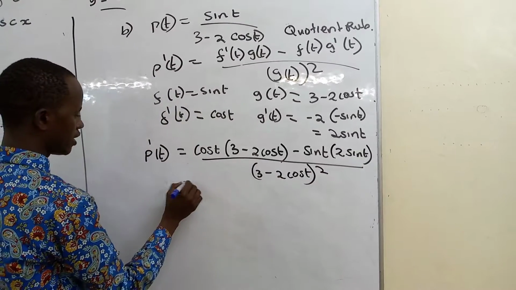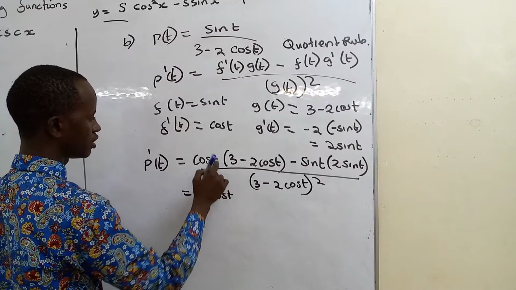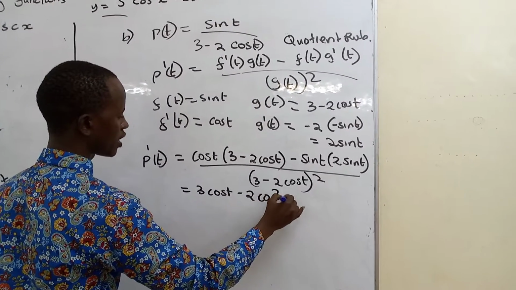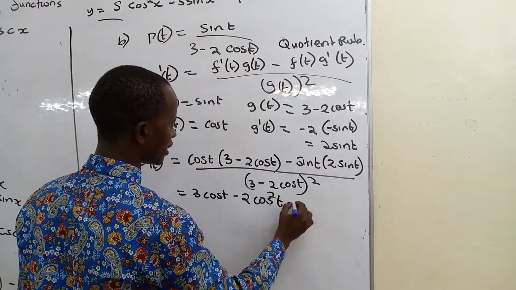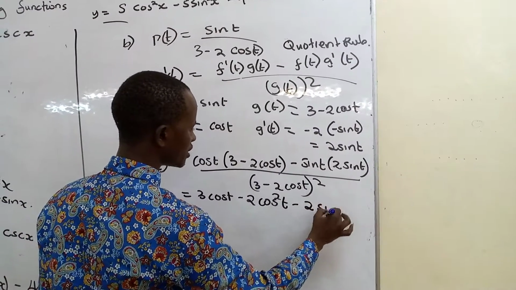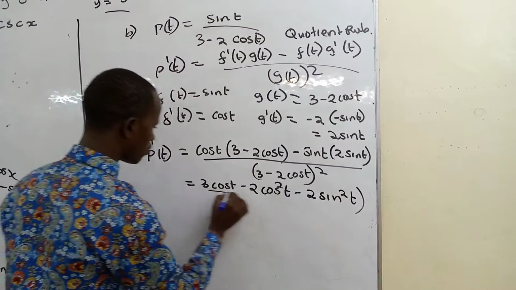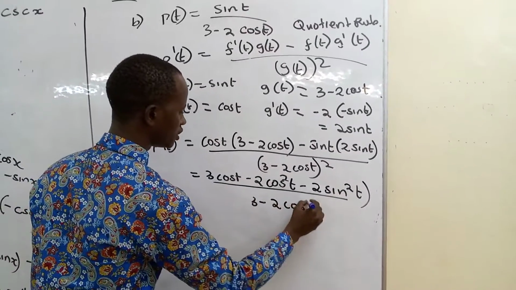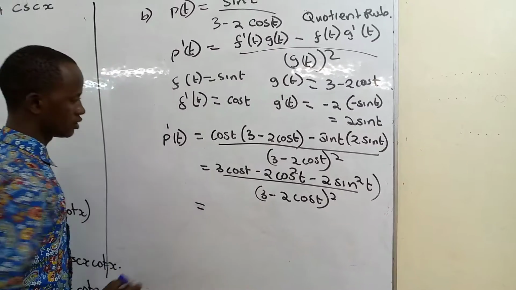From there, you can open the bracket: 3 cosine of t minus 2 cosine squared of t, then minus 2 sine squared of t, over 3 minus 2 cosine of t, all squared.